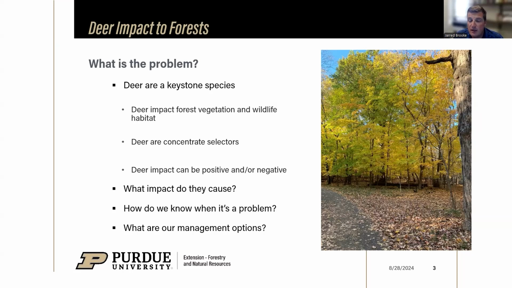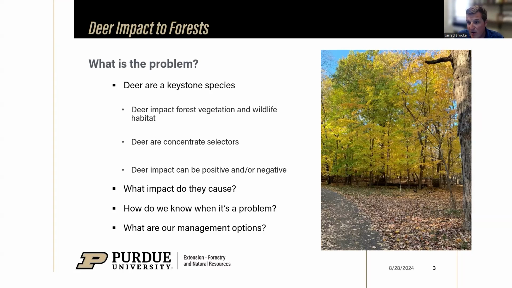And so this browsing that deer do, through their diet selection, can have both positive and negative impacts on our forest environments. It's important to think about these three questions when we consider deer and their relationship to our forest environments. First is, what impact do they cause? We're going to cover that here in a minute. Also, we need to consider, when are deer a problem, right?